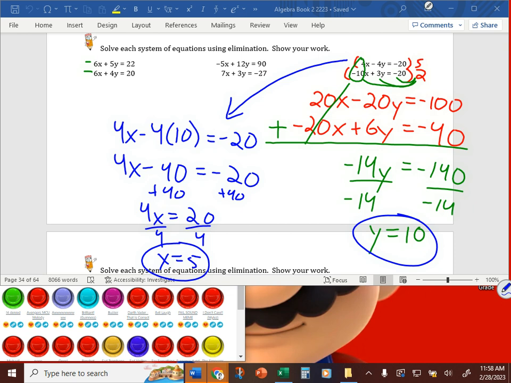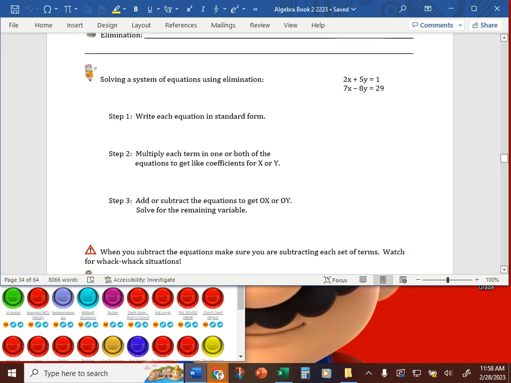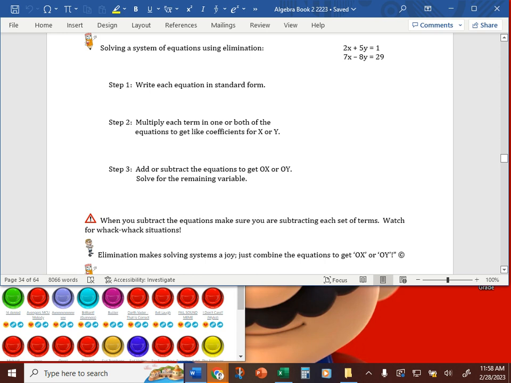I would like us to play the number game tomorrow. And so I am going to give you one question to do. That is all. And it's the example at the top of the page. 2x plus 5y is 1, and 7x minus 8y equals 29. Now, just looking at this, are you going to have to multiply one equation or both equations by something to get the coefficients to match up?